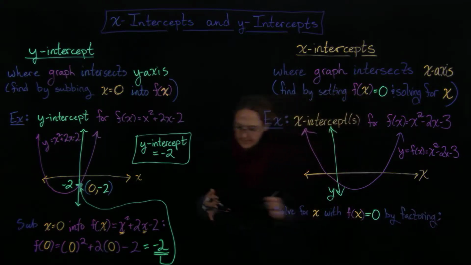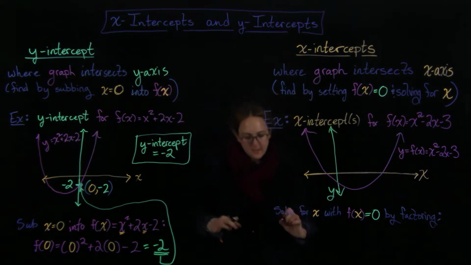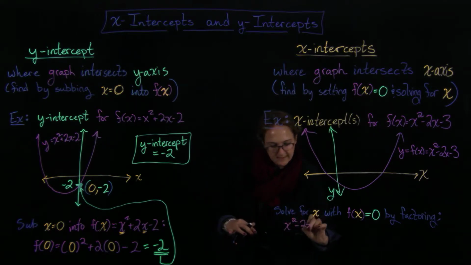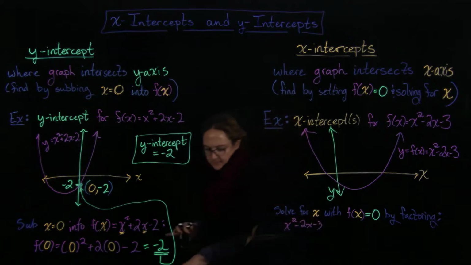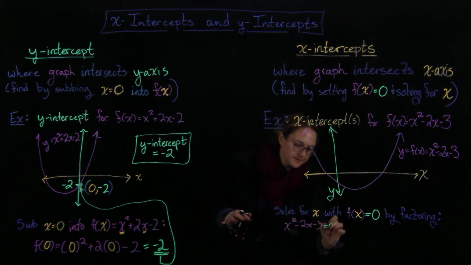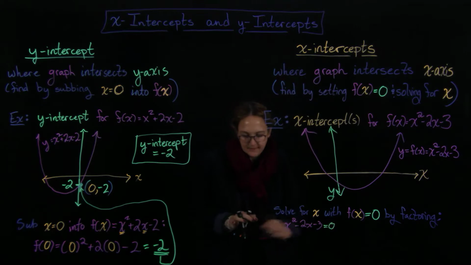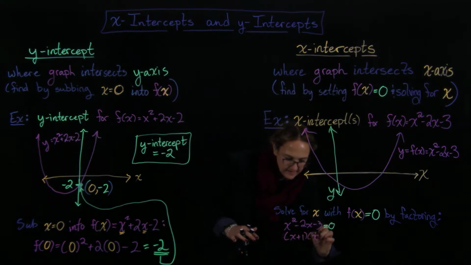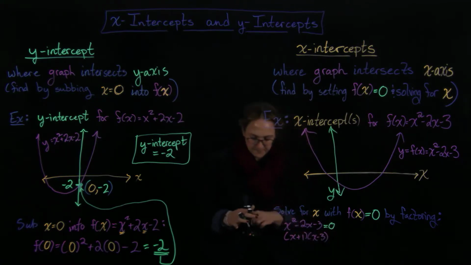So let's go ahead and do that. I have x squared minus 2x minus 3 equal to 0. I'm keeping that consistent in color just to help you organize your brain. So this is x plus 1 times x minus 3 equals 0.